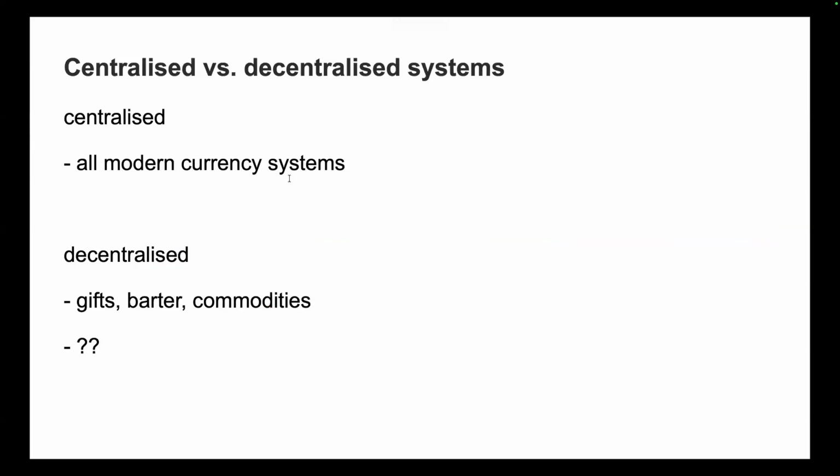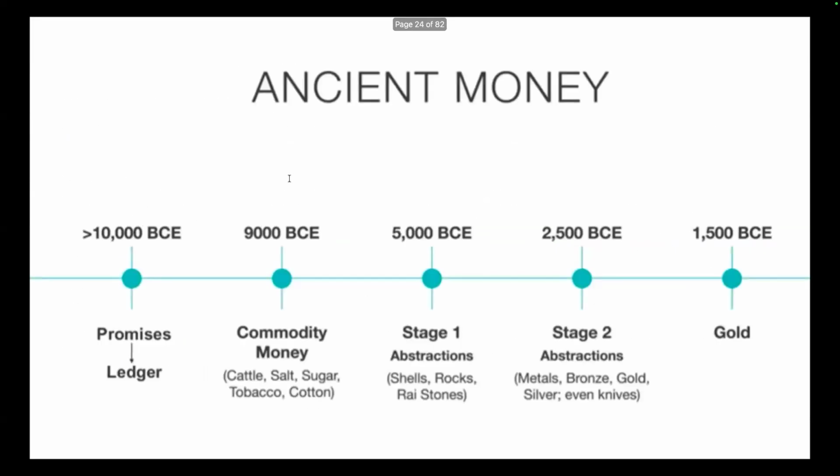So then we have the tension between centralized systems and decentralized systems. All modern fiat currency systems are centralized. And if we look back to this graph, for the majority of our operations as societies, we were using systems which are decentralized by nature, right?